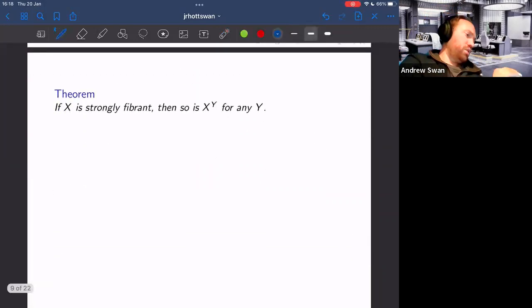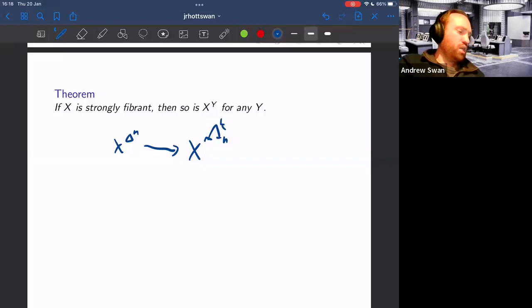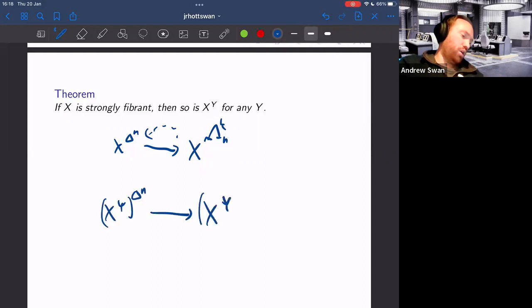So let me quickly sketch a proof of this. We're assuming that X is strongly fibrant. So we're assuming that each of these canonical maps from X to the X to the delta n to X to the Horn has a section. And then we want to construct the same thing for X to the Y. So we have X to the Y, delta n to X to the Y, to the Horn.